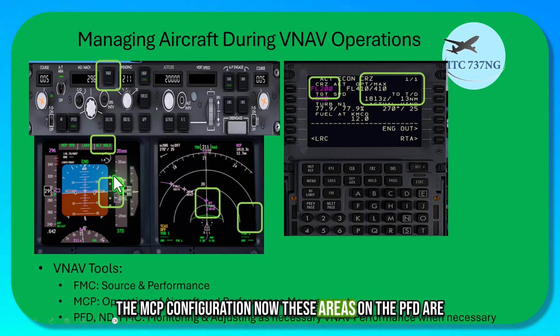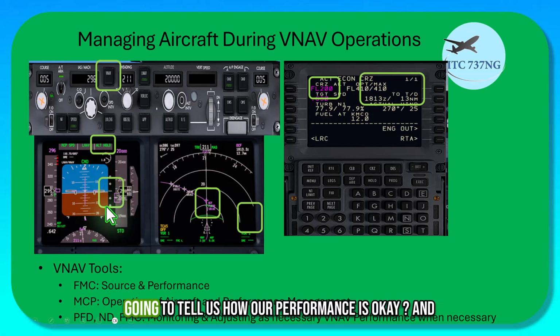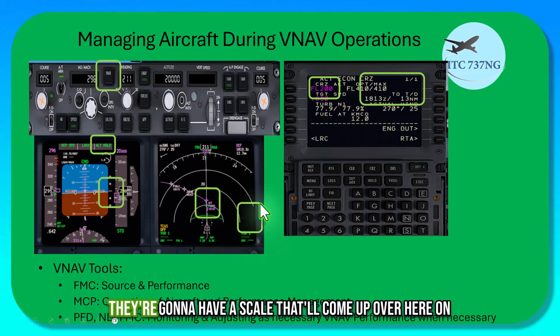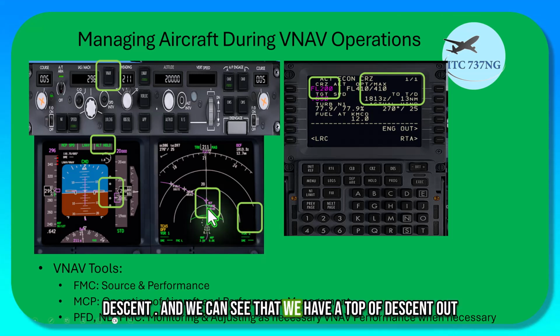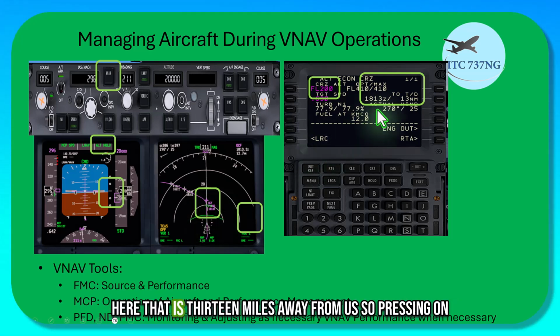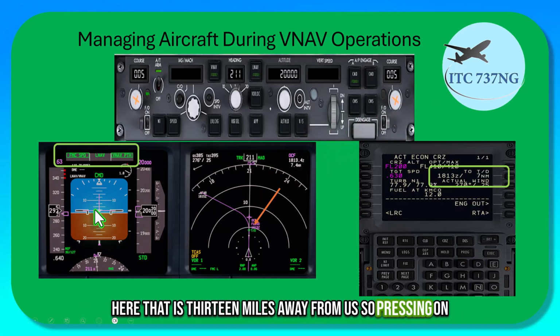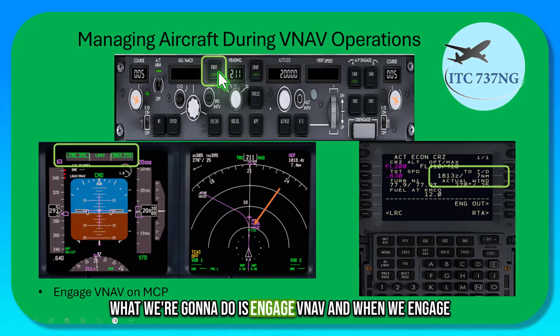Now, these areas on the PFD are going to tell us how our performance is, okay? And they're going to have a scale that'll come up over here on the nav display that we'll see once we start our descent. And we can see that we have a top of descent out here that is 13 miles away from us. So pressing on, what we're going to do is engage VNAV.